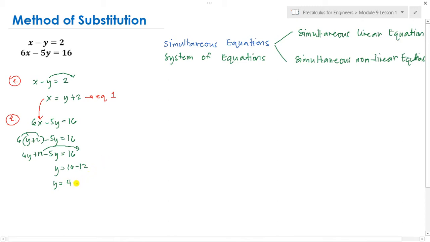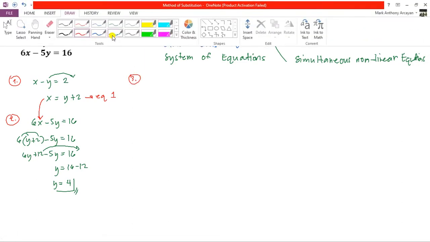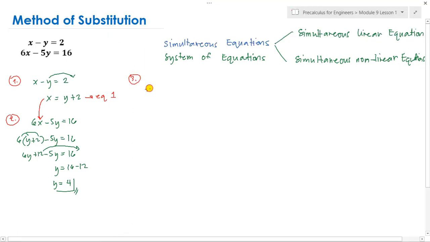Now, since we already know the value of y, we can substitute this to equation 1. That would be our third step. From equation 1, we have x now is equal to y plus 2. Since y is equal to 4, that is 4 plus 2, which is equal to 6.